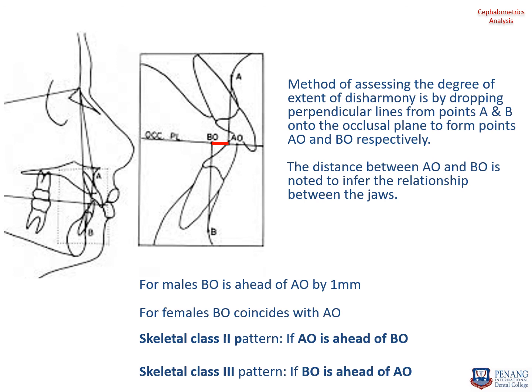Anyway, we're going to have a more detailed discussion when we meet face to face, having a cephalogram at our disposal. For the time being, you have to understand how to construct AO and BO, how AO and BO are related to each other, and what happens if AO is ahead of BO, or BO is ahead of AO.